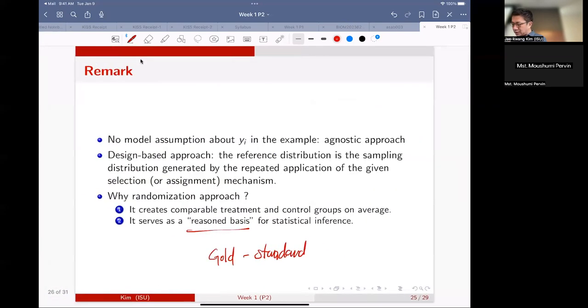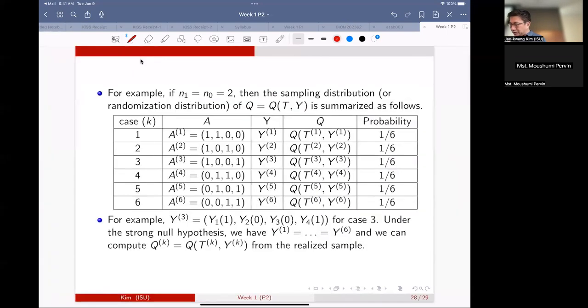The problem is, here, this is the possible enumeration. So this is actually T, sorry. But under the possible enumeration, we may have a different potential outcome, right? Because we have a different treatment assignment.